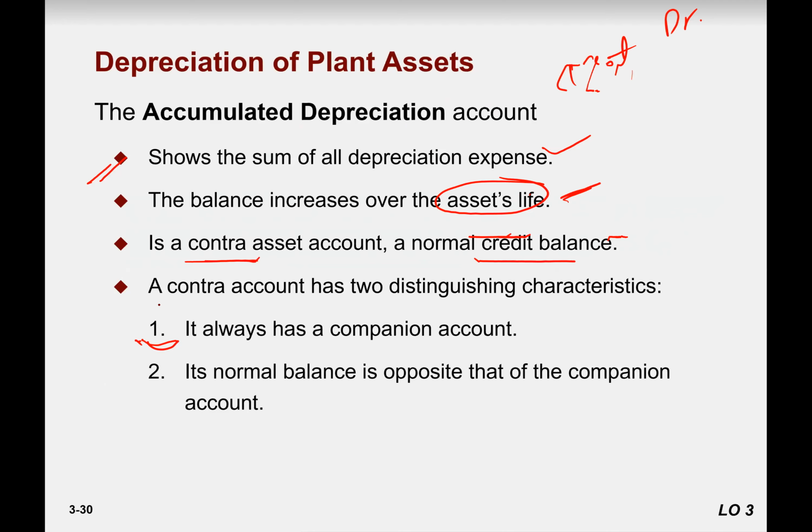So you cannot just write, for example, accumulated prepaid expense. No. Accumulated depreciation belongs to depreciation, right? So it has a companion account. Its companion account is the depreciation account. So its normal balance is the opposite of the companion account.